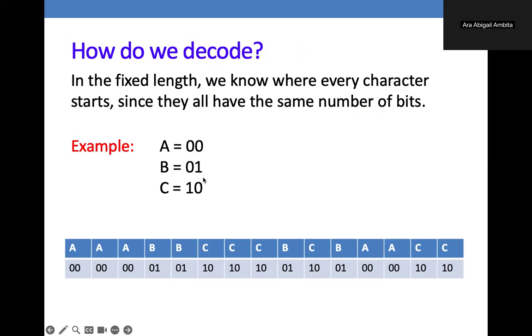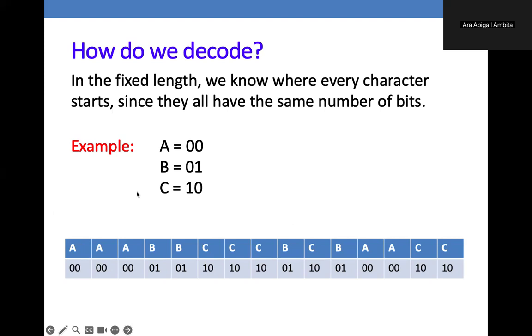Okay. So with the fixed length code, it's very easy to decode because, let's say when we say decode, from these binary characters we are going to convert it back into the original characters. So let's say we have 0, 0, 0, 0, 0, 0, blah, blah, blah, until 1, 0 here.